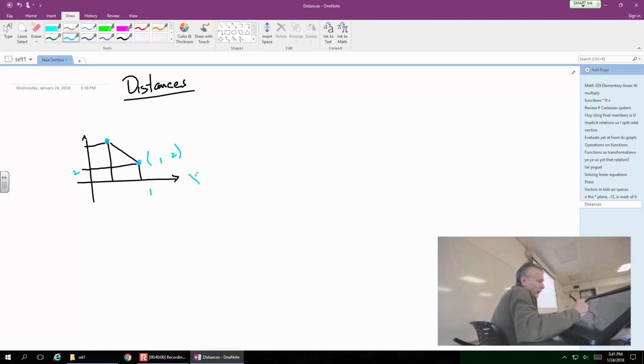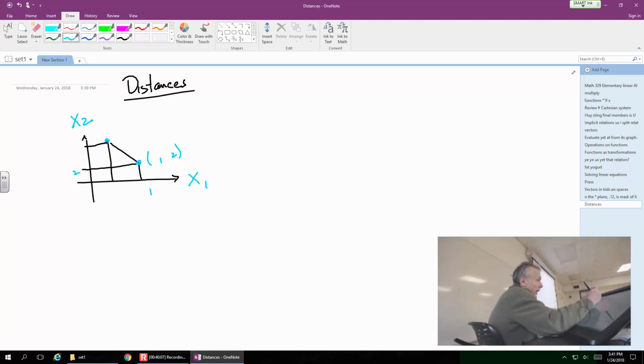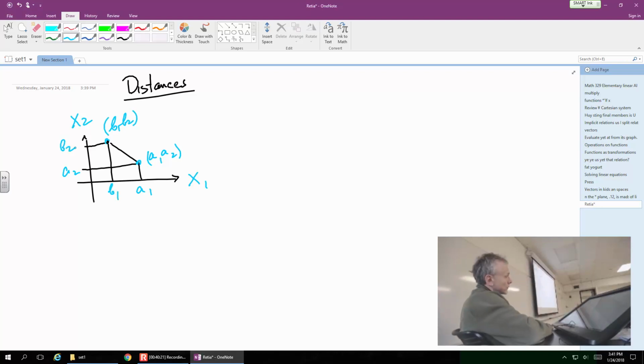So the names of the axes, rather than x and y, are x1 and x2. And then I could name my point a1, a2, with coordinates a1 and a2, and the second one will be b1, b2. Once again, it seems those subscripts make things more cumbersome, but it pays off when you move on to high dimensions. You will be able to recognize symmetry, and things will become more predictable.